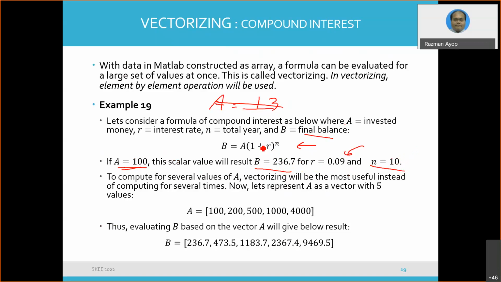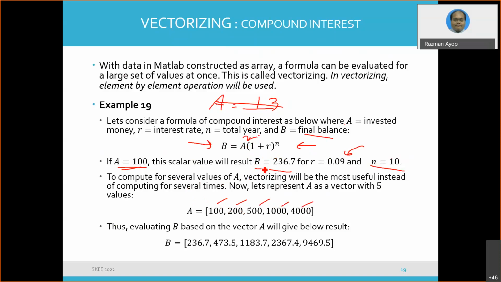So basically this is the formula, but this is just one formula, one value for each variable. But if you have multiple data, for example, multiple A values, 1, 2, 3, 4, 5, you don't want to use a for loop to calculate one by one, which takes time.